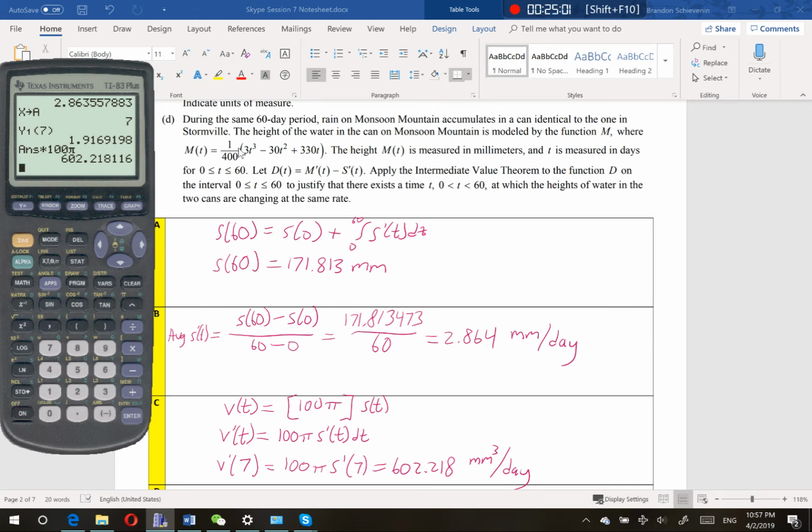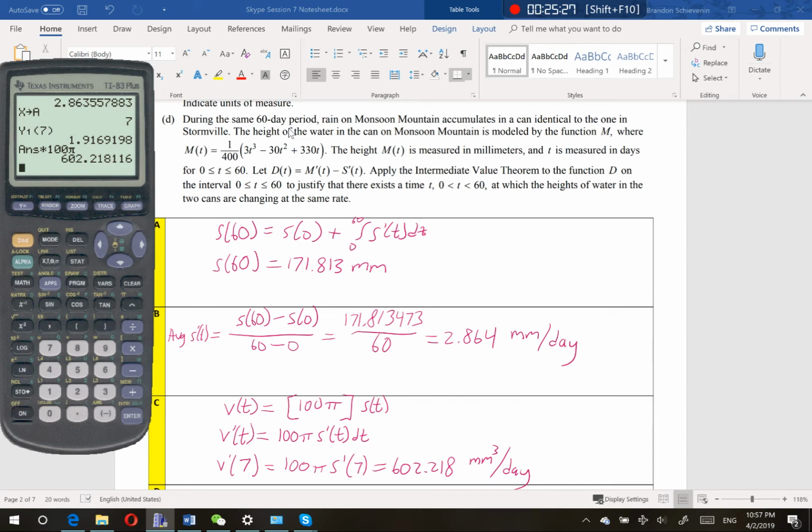Okay. Part D, during the 60-day period, rain on Monsoon Mountain accumulates in a can identical to the one in Stormville. We're told that the height of the water in the can on Monsoon Mountain is modeled by the function m. M of t is 1 over 400 times 3t cubed minus 30t squared plus 330t. Our height is measured in millimeters, t is measured in days on 0 to 60.